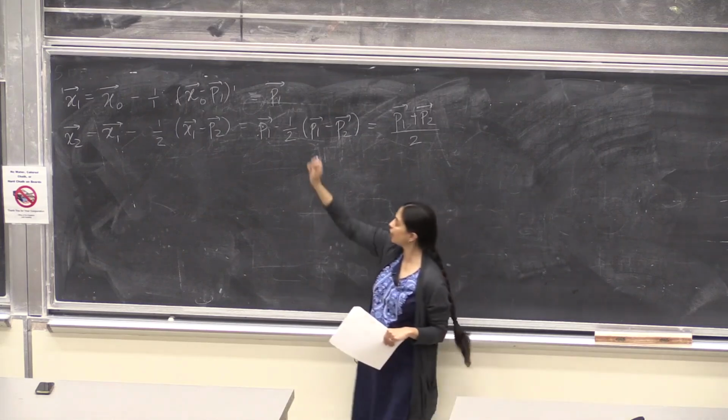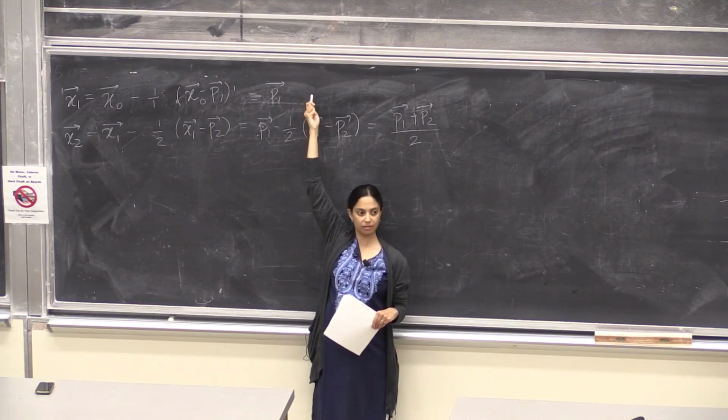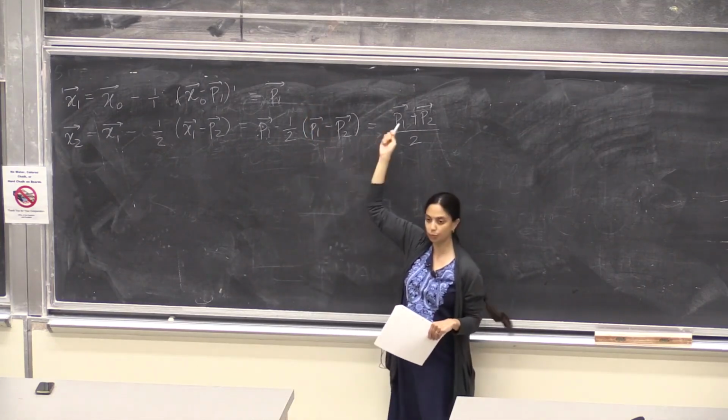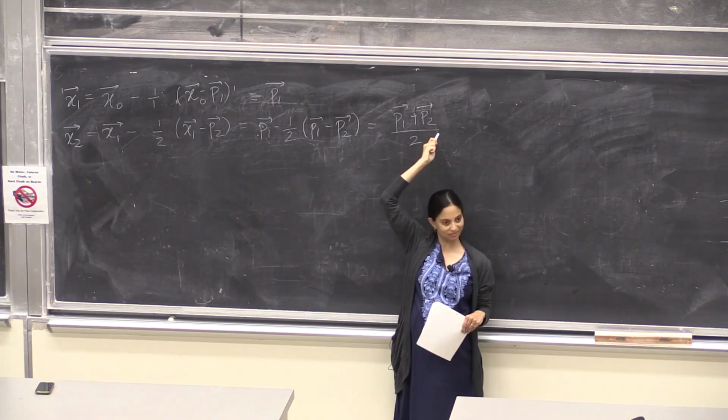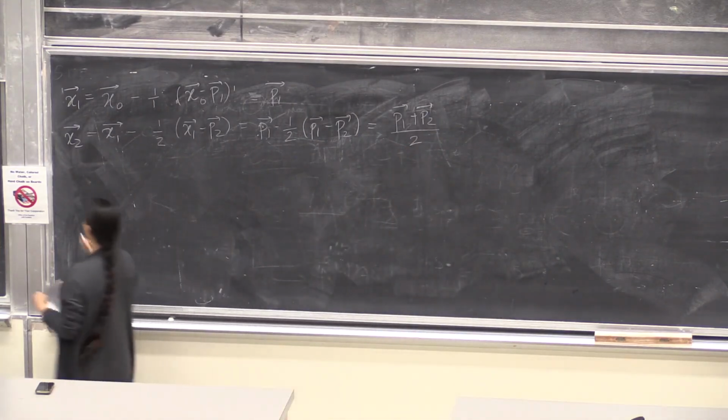So if I had 1 point, what's the average of 1 point? The point itself. What is the average of 2 points? The midpoint of them, right? So what do you hope we're going to get for x3?